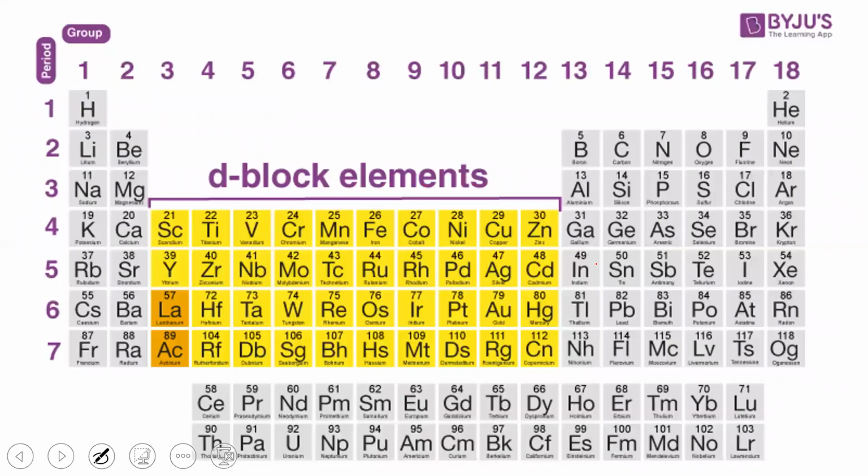If you see the periodic table, this one is the S block and this is the P block. So D blocks are present in between the S block and P block elements.